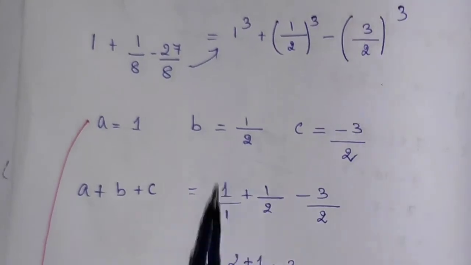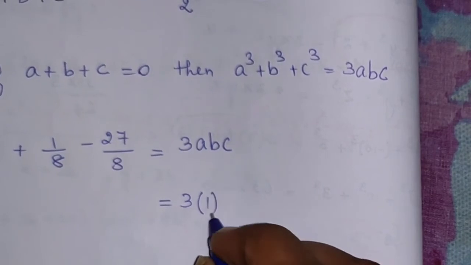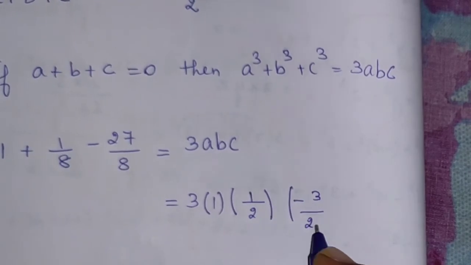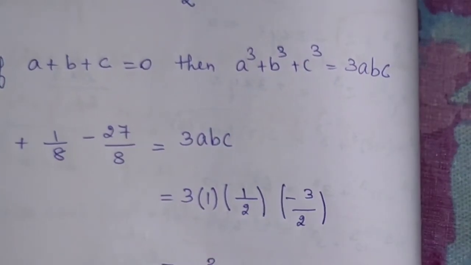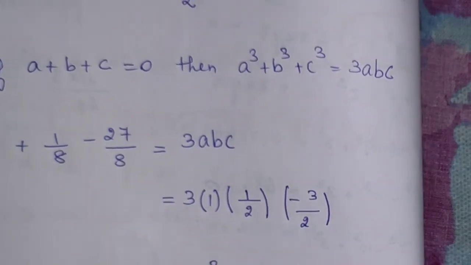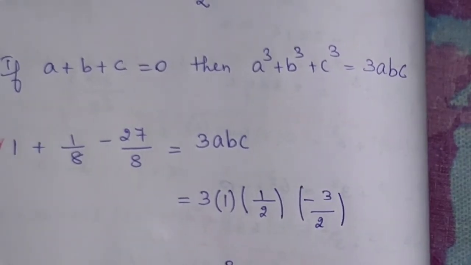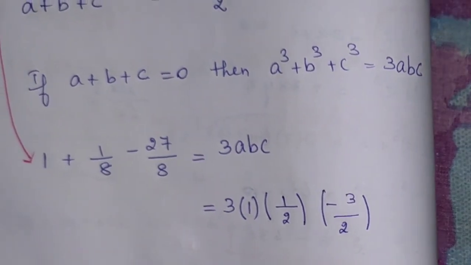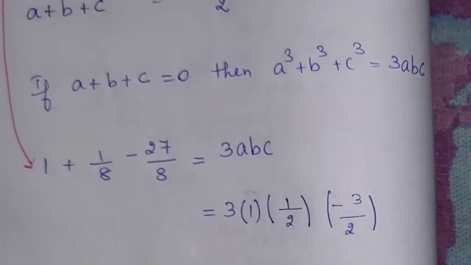Just substitute that in this formula. So 3 into 1 into 1 by 2 into minus 3 by 2. So 3 by 2 into minus 3 by 2 is equal to minus 9 by 4. So 1 plus 1 by 8 minus 27 by 8 is equal to minus 9 by 4.